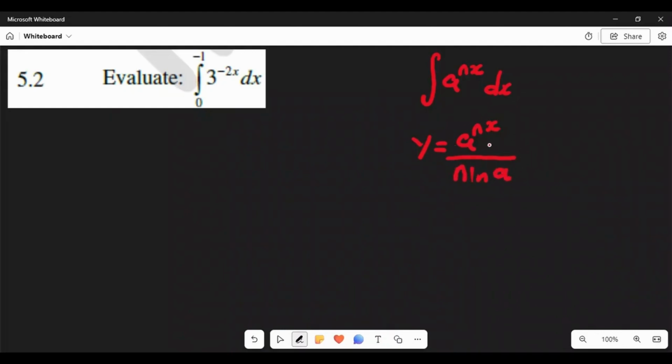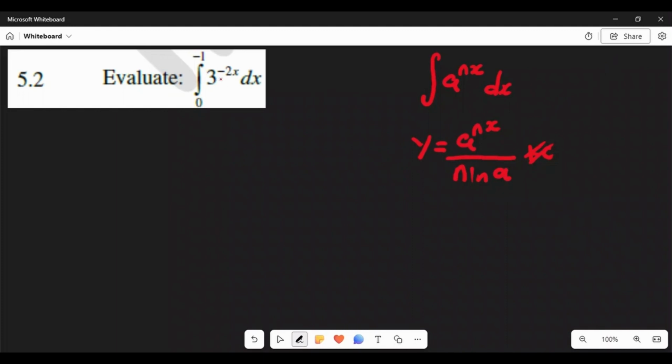This is the formula that we're going to use, plus c. But since we are dealing with definite integral, this c is not part of our integration. So guys, I hope you still remember this. Just in case you don't, I will leave a video in the description and also on the icon on top there. Go and watch that video so that you can remember this.